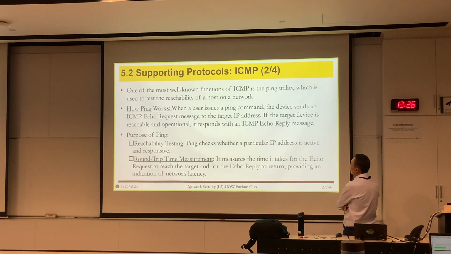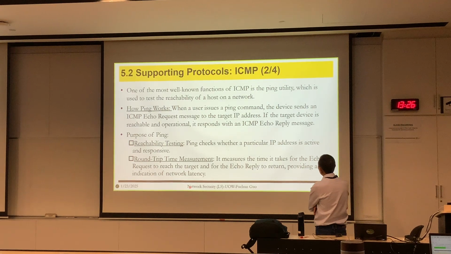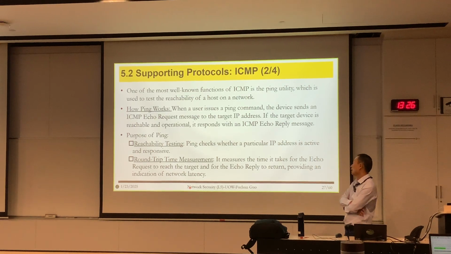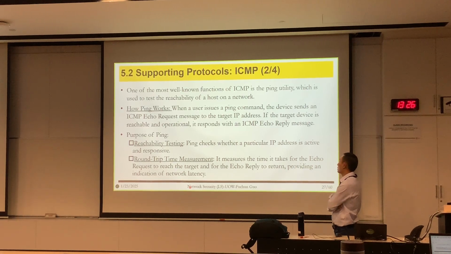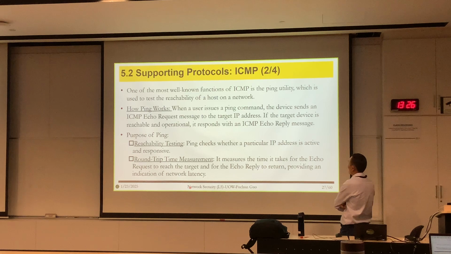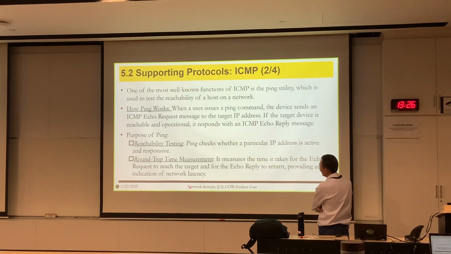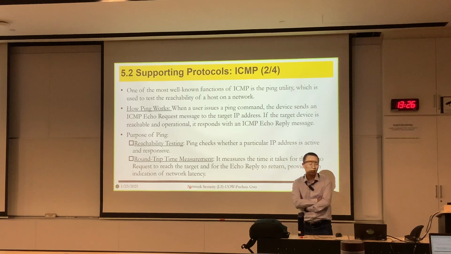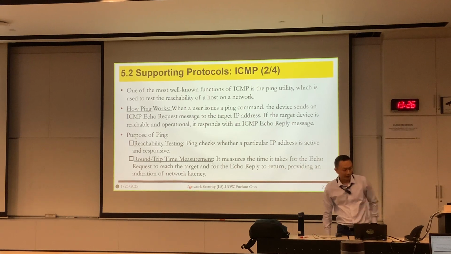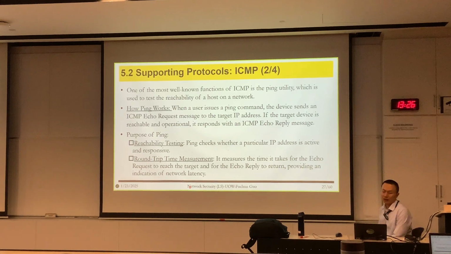It also measures the time it takes for the echo request to reach the target and for the echo reply to return. So it will calculate how much time it costs, and eventually provide indications about network connections. And these are the functions of ping.